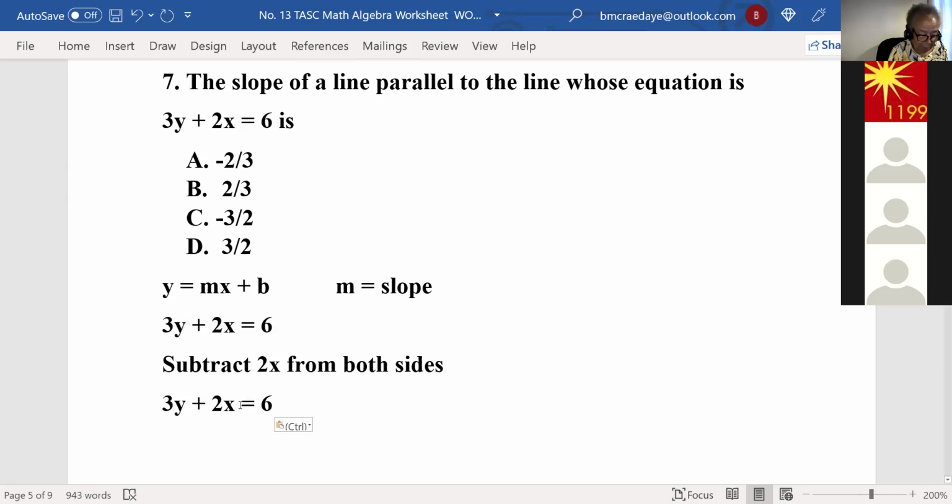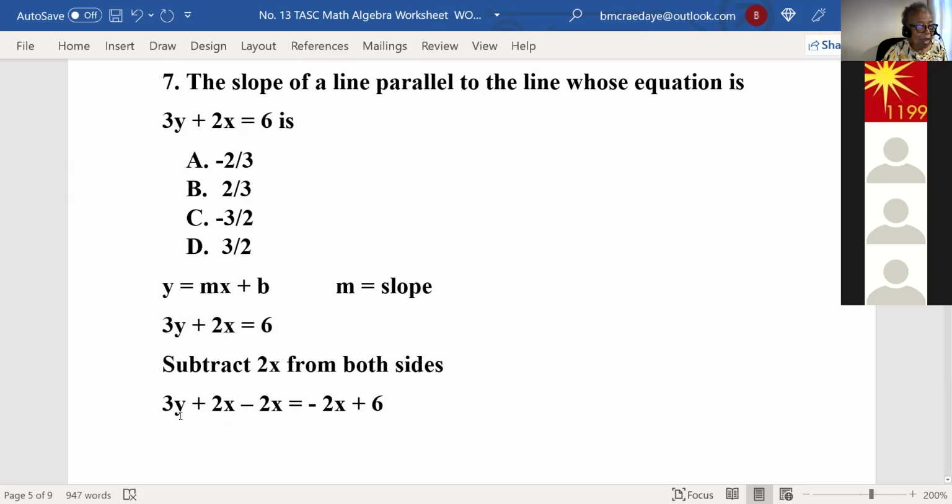Minus 2x, and I'll put the minus 2x here first because the mx is first.